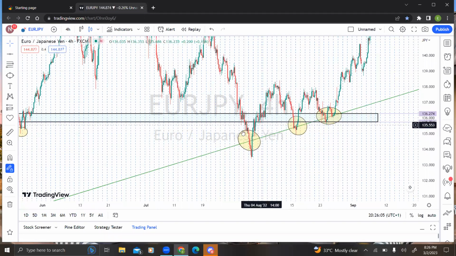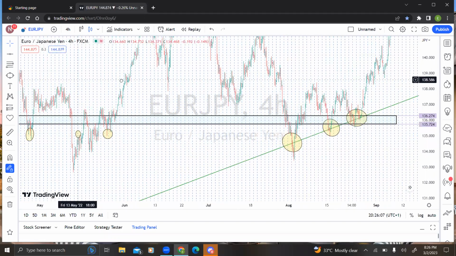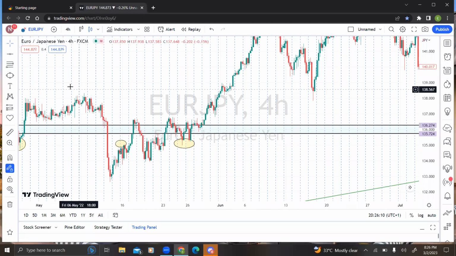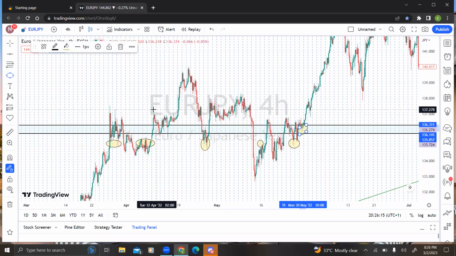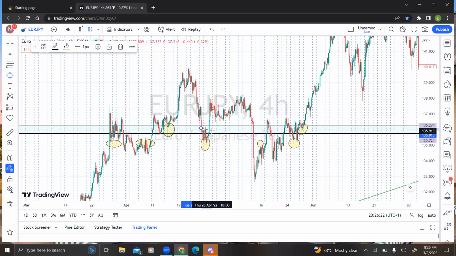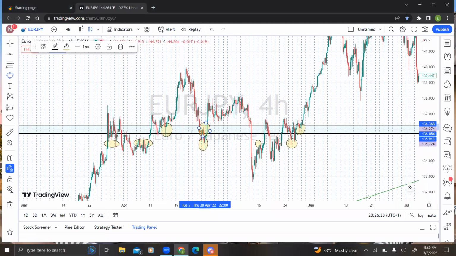So that's the relationship there. Do you see what you can find here? It became a support here, became a support here too, and was also a resistance here. Did you see that? So there's a good relationship between support, resistance, and trend lines.